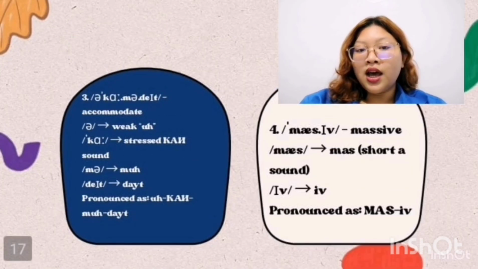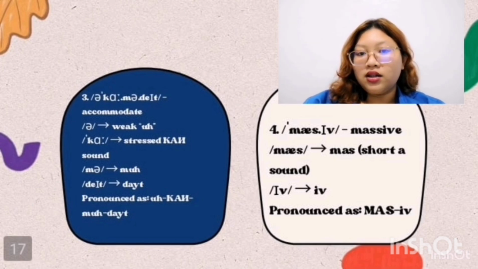The third, accommodation. Accommodate: the first vowel is weak, and the next is stressed, together making the sound "mo" and "date". So the pronunciation will be "a-kom-o-date".